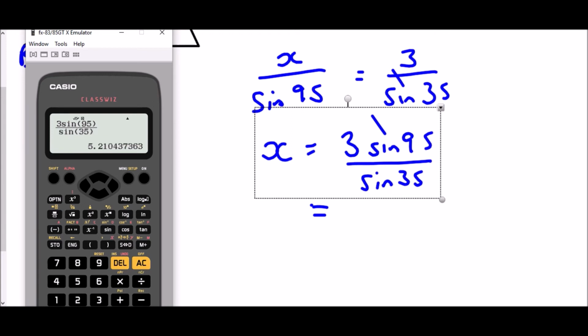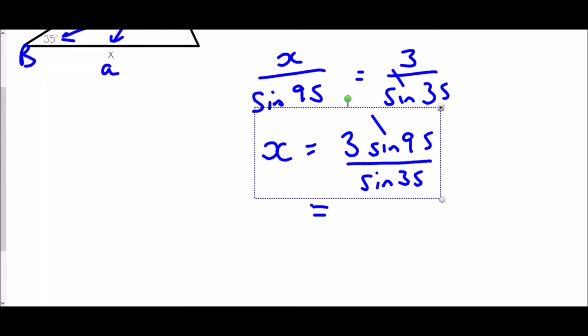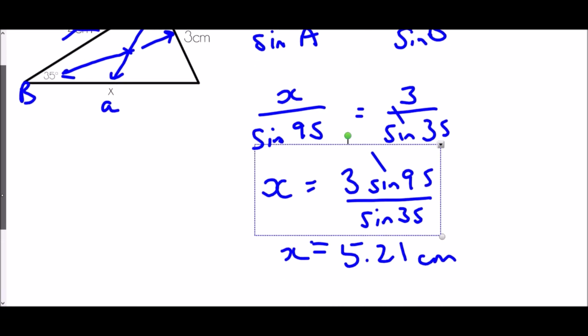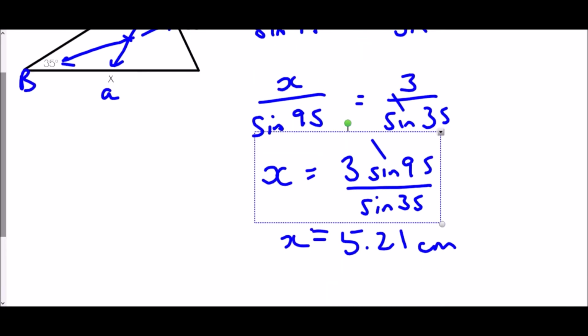And that comes to 5.21 centimetres. Let's just have a check. Do we think that is sensible? Well, the other sides were 4 centimetres, 3 centimetres. 5.21 sounds like a sensible size for that.